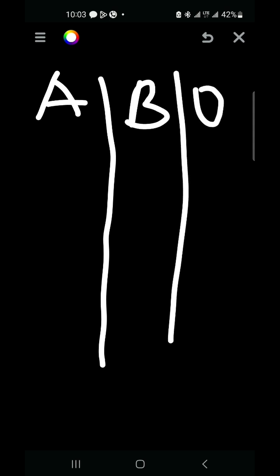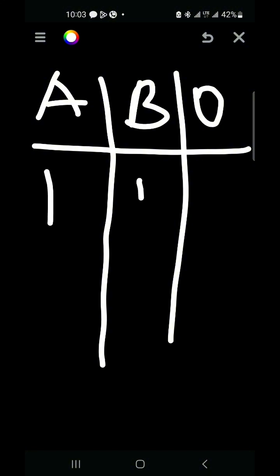Let's say the first input is A, the second input is B, and let's say the output is O, right? Good. So the first input is 1, the second input is 1. So the output is also 1. So if we have two inputs, 1 represents a true statement and 0 represents a false statement.